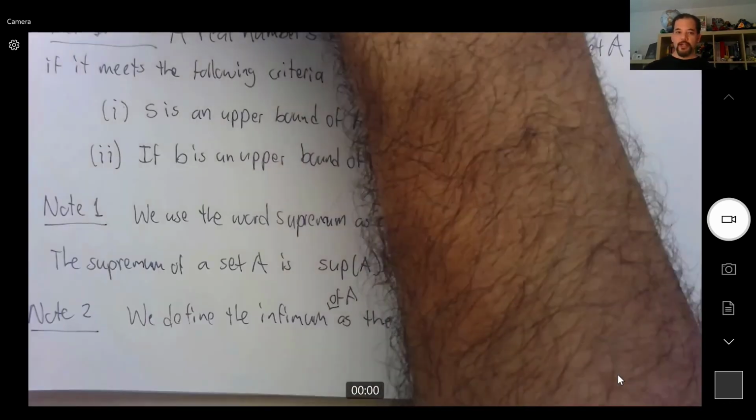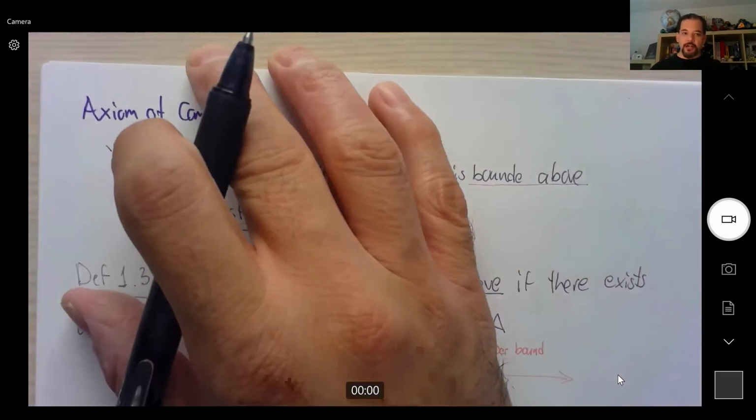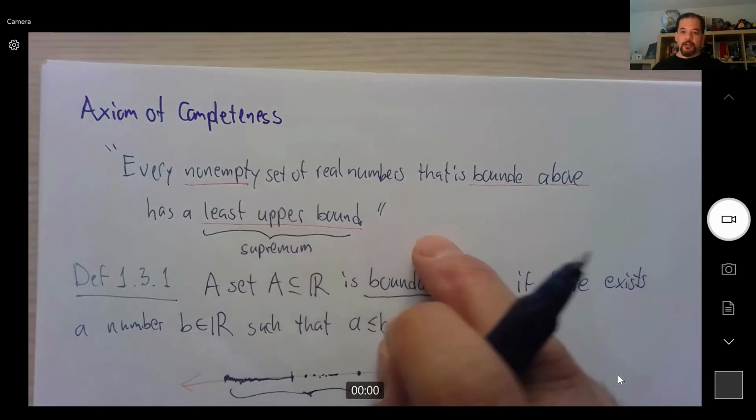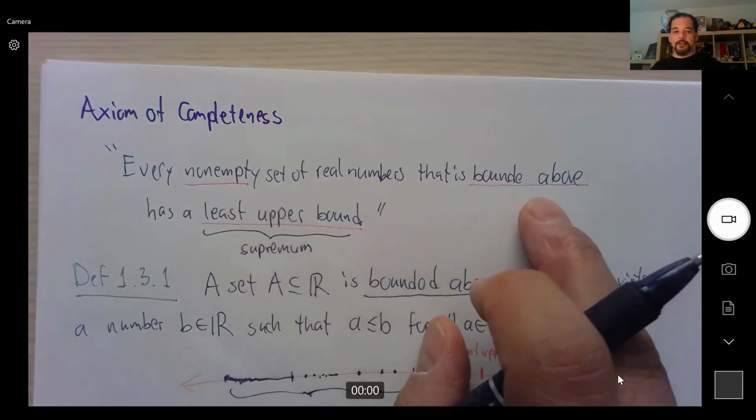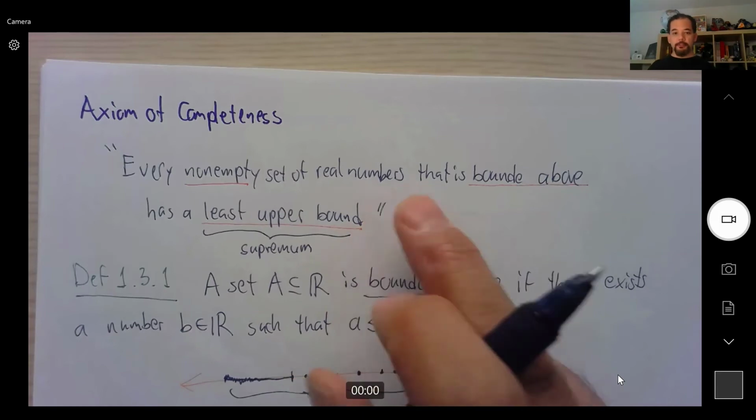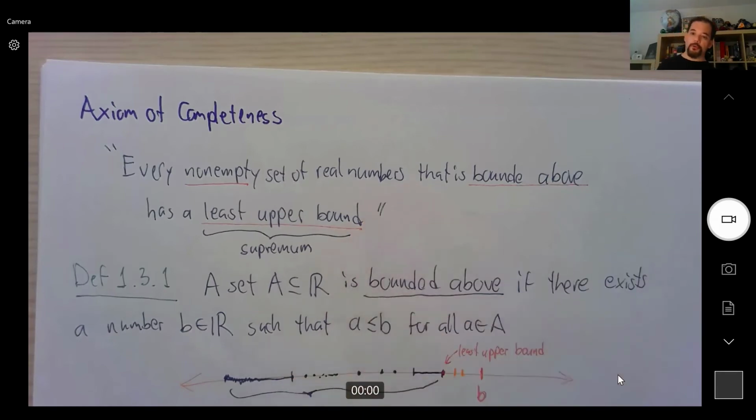You may be wondering, hey, professor, maybe we should have in our axiom that every non-empty set bounded above has a supremum, and also that every non-empty set bounded below has an infimum. And it turns out that we don't need that. It's enough to have one of them. If you have one, you can prove the other one, right?